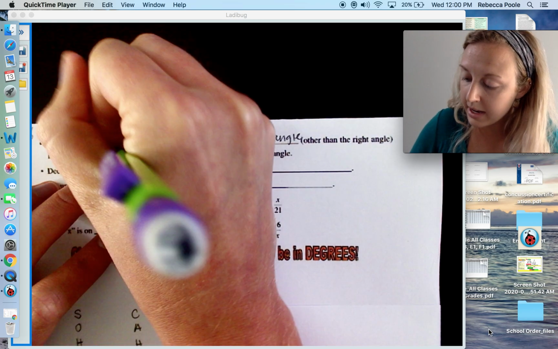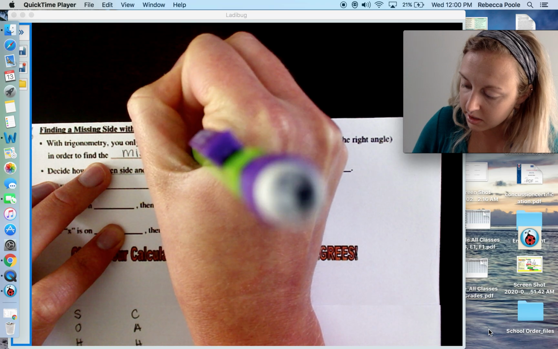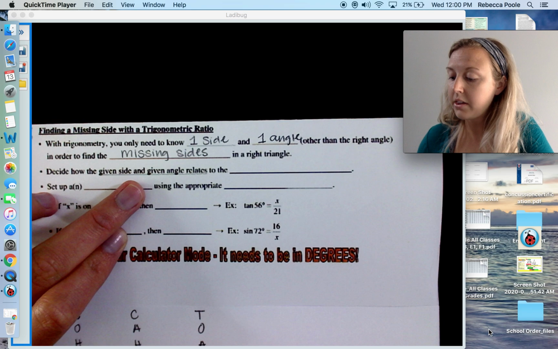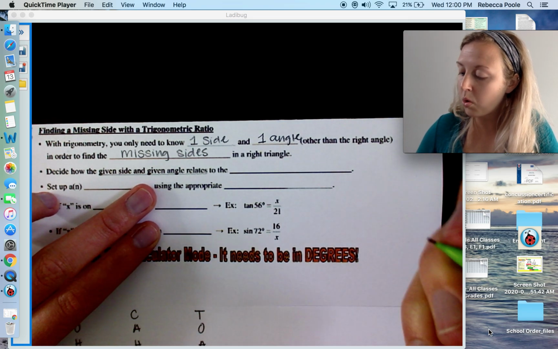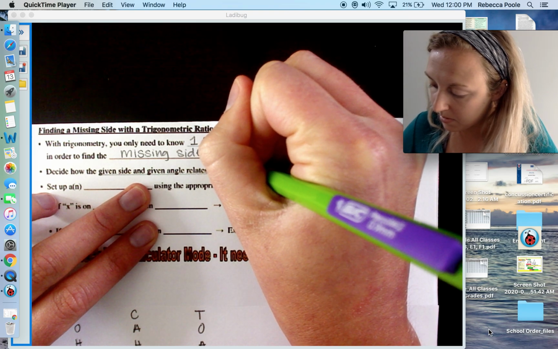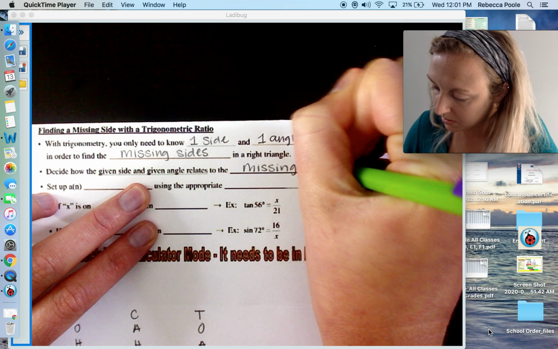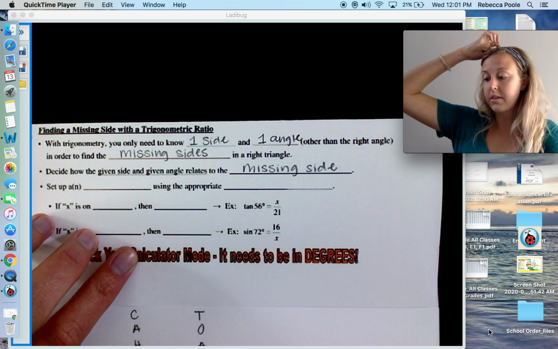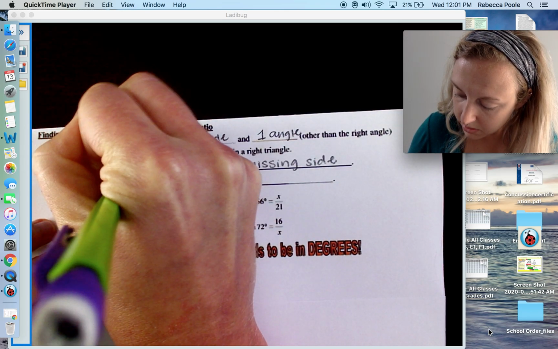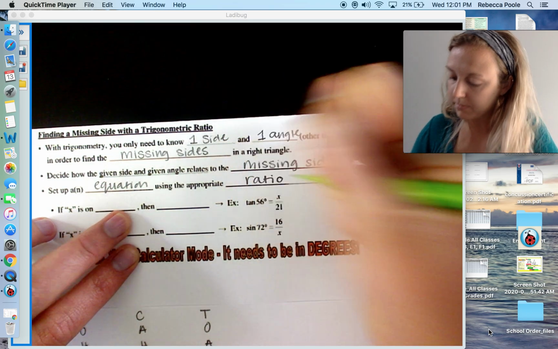In order to find the missing sides in a right triangle, decide how the given side and given angle relates to the missing side. Then you're going to set up an equation using the appropriate ratio. Okay?